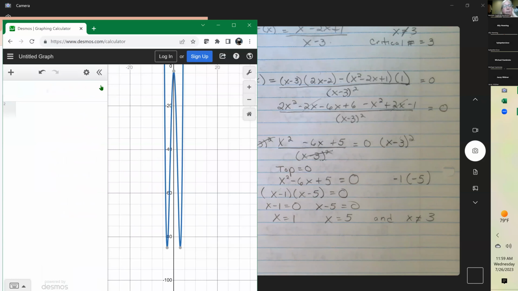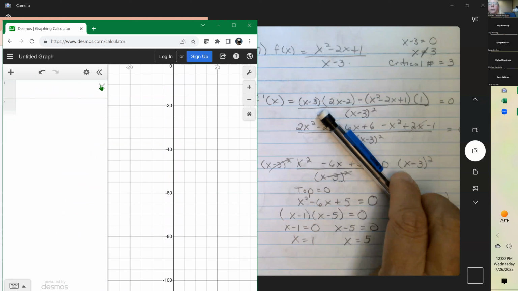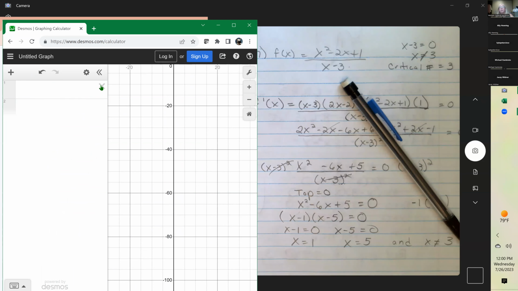We'll graph it real quick. Y equals, remember, see where your derivative is and graph the one before it. X squared. Oh, it's not typing, darn it.